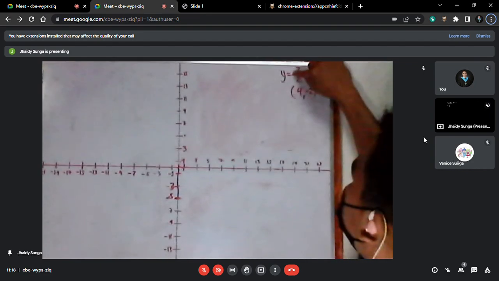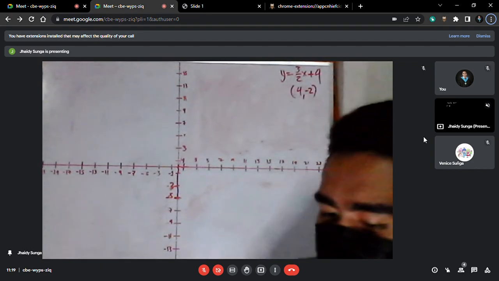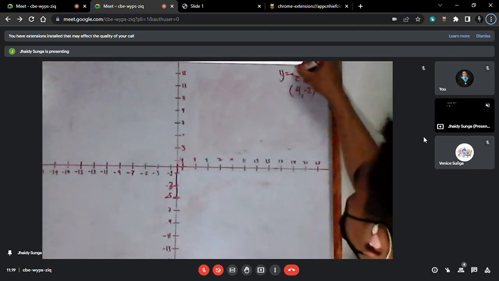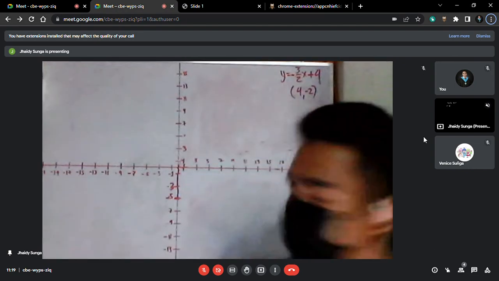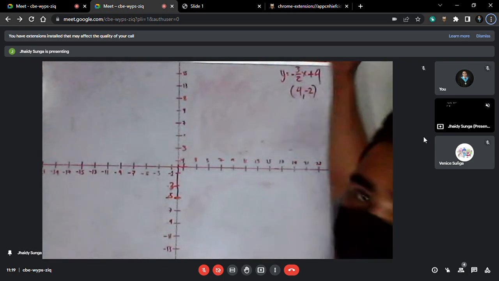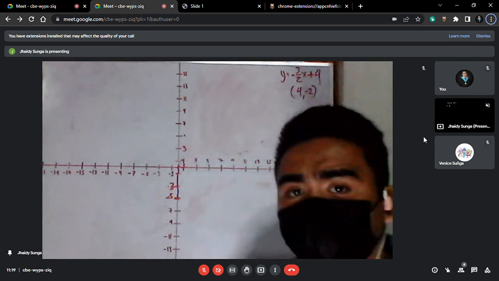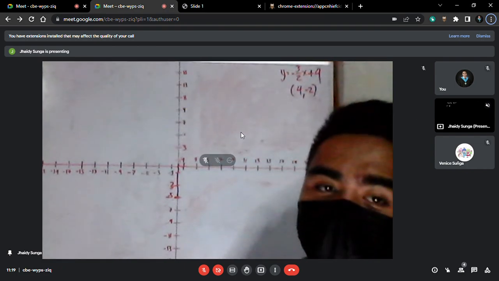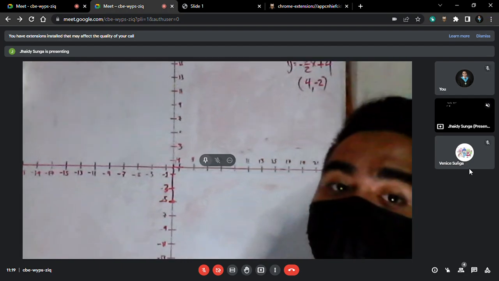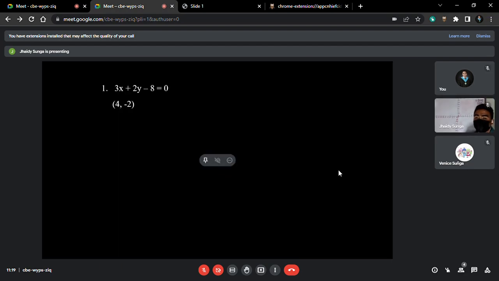So maybe you cannot see this one. There you go. From that one, we could say, later, that 4 and negative 2 is on the line. Alright. So let us jump first to the examples that we have. We are going to prove this later on. It said that for this line, 4 and negative 2 is on the line, while the 5, 1 coordinate is not on the line.